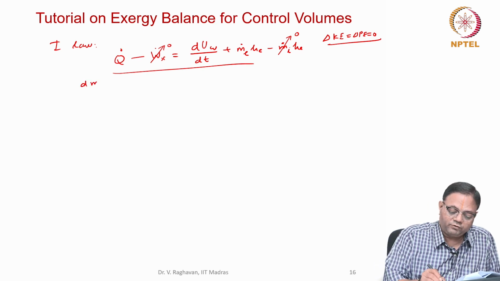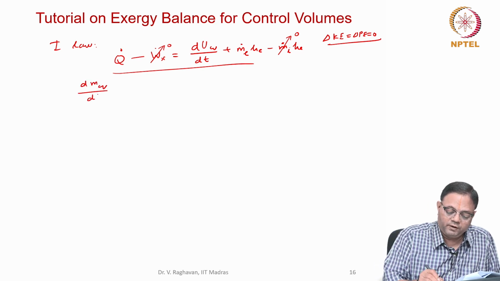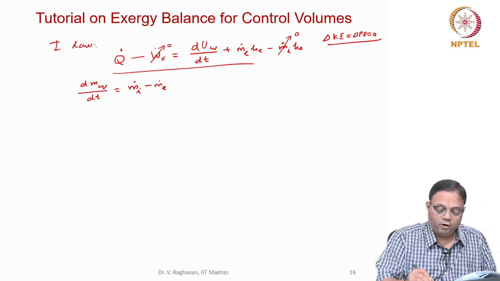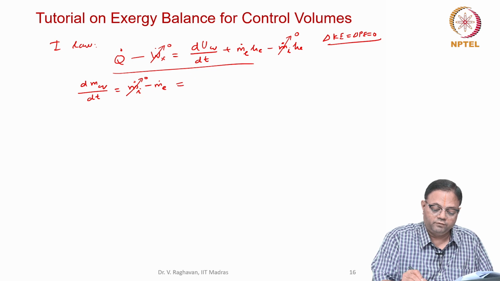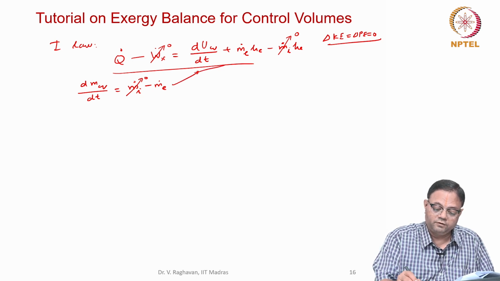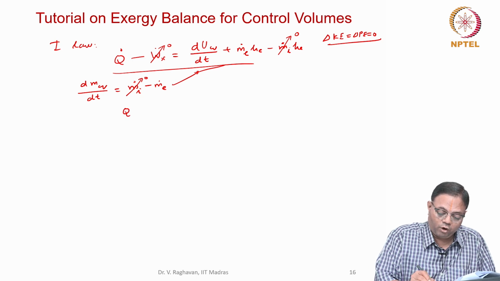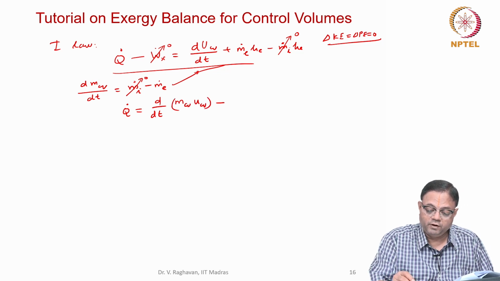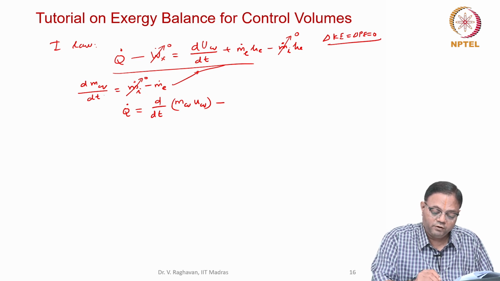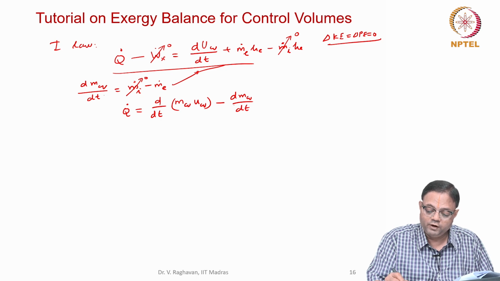Now I write the mass conservation. dmCV by dt will be equal to m dot i minus m dot e. Now this is 0. So I can substitute this here, and I will get Q dot equal to d by dt of mCV uCV minus, because m dot e equals minus dmCV by dt, so I will write dmCV by dt into He.